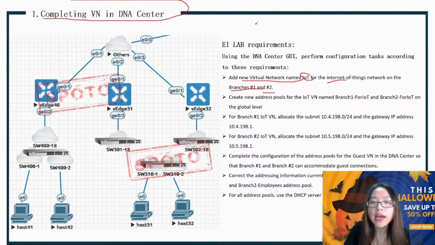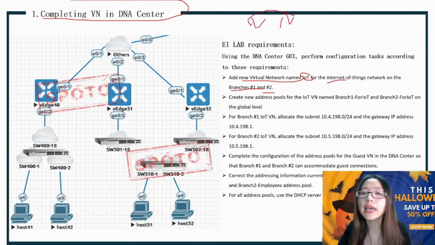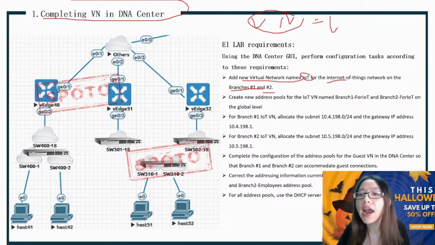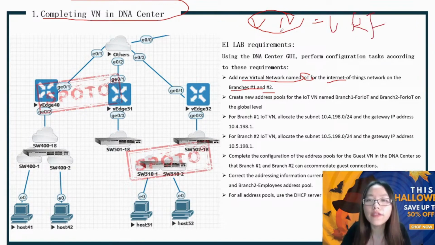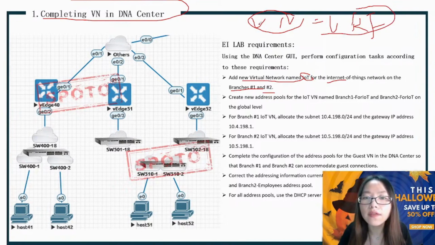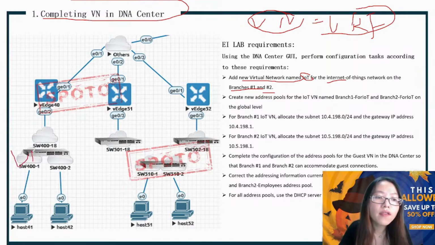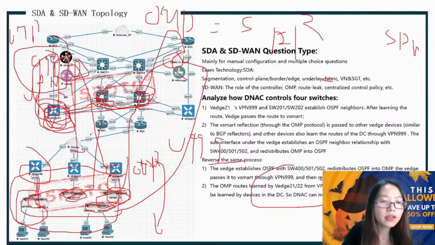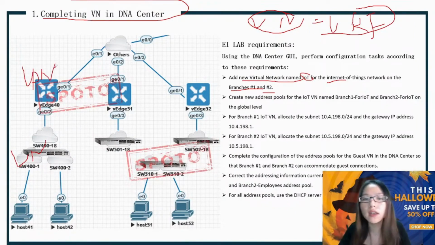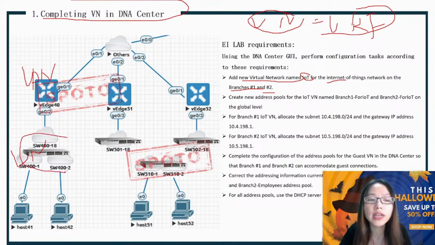In SDA we call it VN. The VN is similar to our traditional VRF, and in SD-WAN it is called VPN. So we need to create the VN IoT in branch 1 and branch 2.